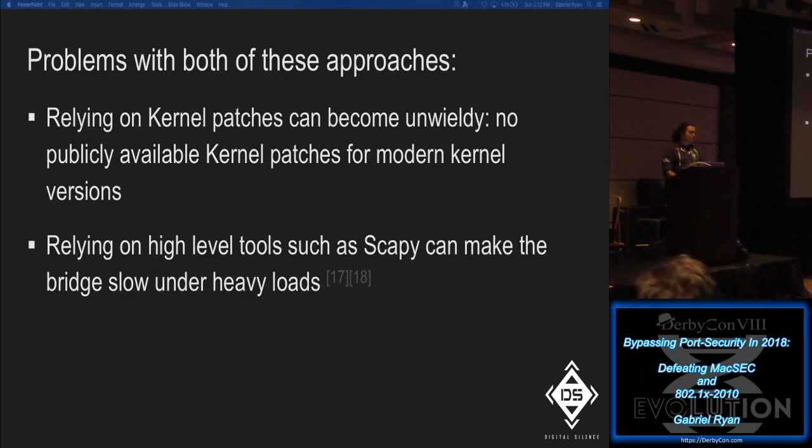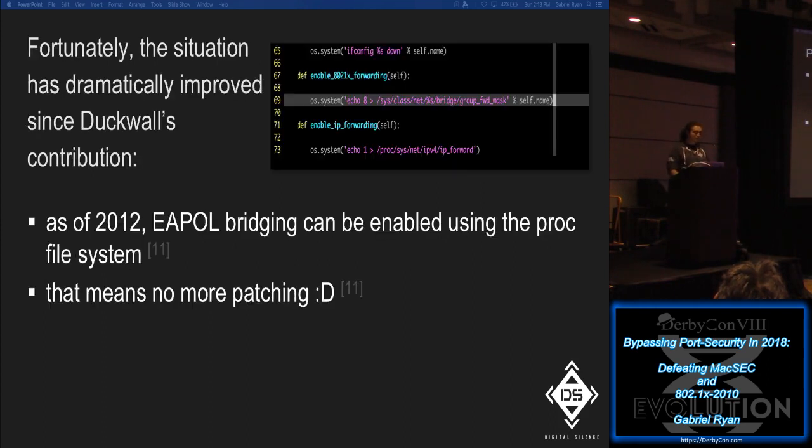The alternative, and I think this is why Fenrir was created, is to use a higher-level implementation using a scripting language or something like that. The problem is that can make the bridge slow under very heavy loads. And what happens when you introduce a bottleneck to a network and you're trying not to get caught? Well, you get caught.